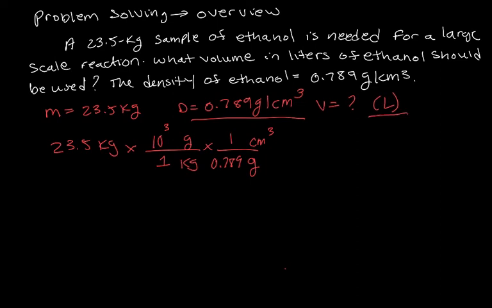So do we have a conversion factor from cubic centimeters to liters? We don't, but we know that 1 cubic centimeter is equal to 1 mil, right? So 1 cubic centimeter for every 1 mil.